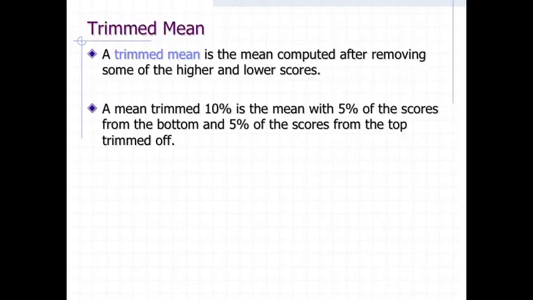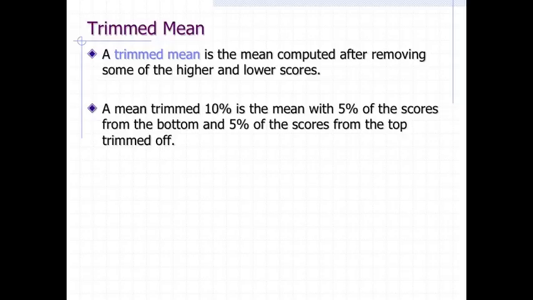A mean trimmed 10% is the mean computed with 10% of the scores trimmed off, 5% of the bottom and 5% of the top. Likewise, a mean trimmed 50% is computed by trimming the lower 25% of the scores and the upper 25% of the scores, and computing the mean of the remaining scores.